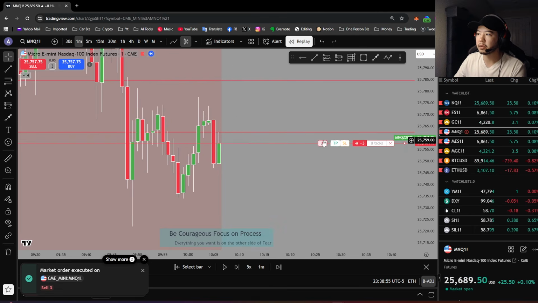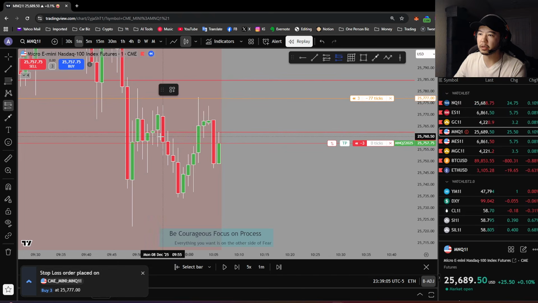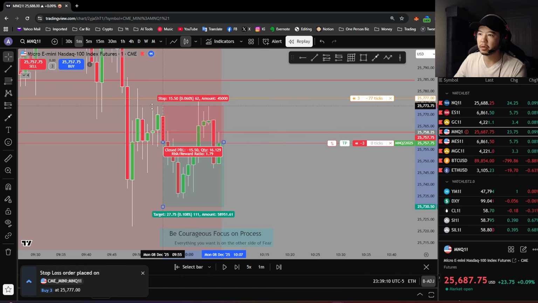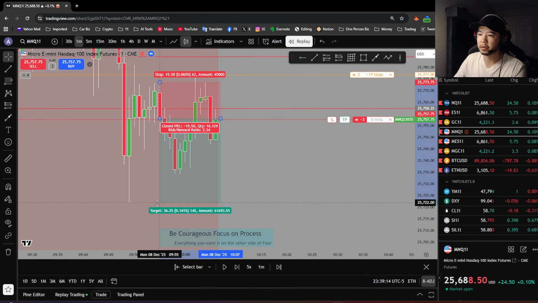And let's say you sell here, you put your stop loss right here. I believe the trade that I took was, this is the trade I think I took. I took this trade, I put my stop loss right here, and I put my take profit right here.